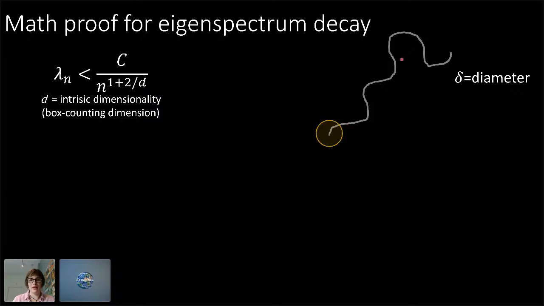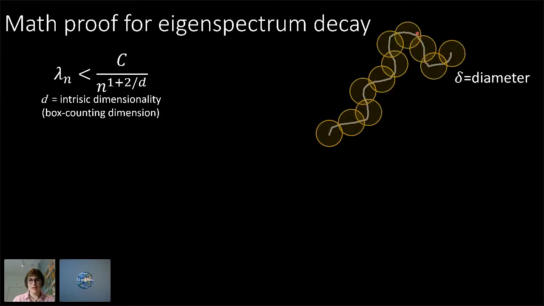If it's dimensionality 1, then the number of balls I need is going to be c over delta, where you can think of this one-dimensional line as having length c. So I need at least c over delta balls to cover my 1D space here.